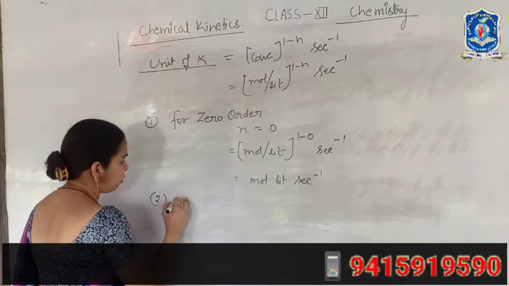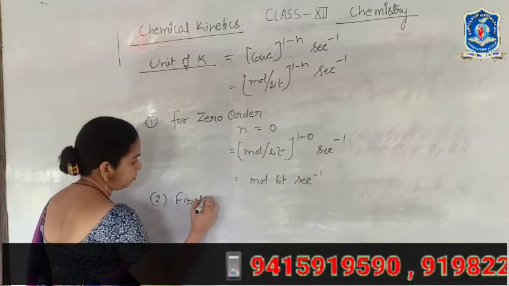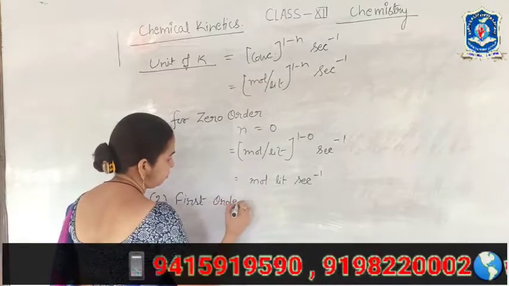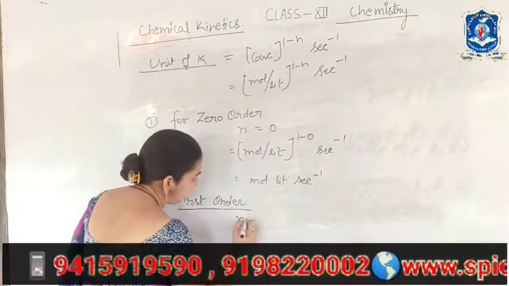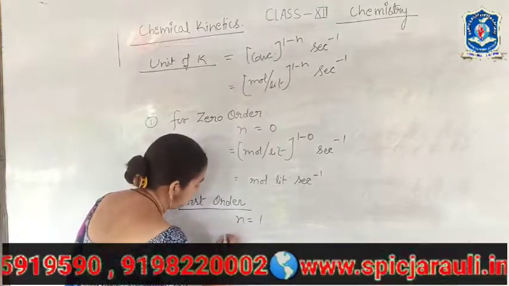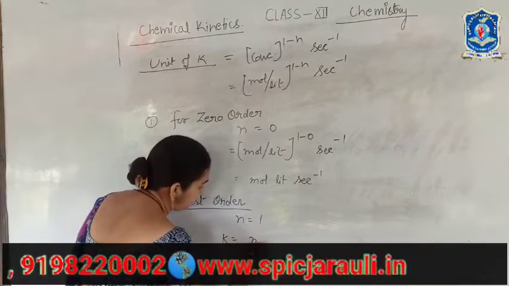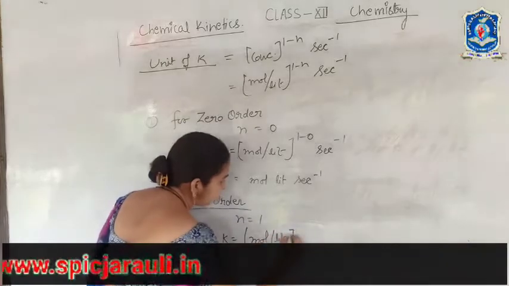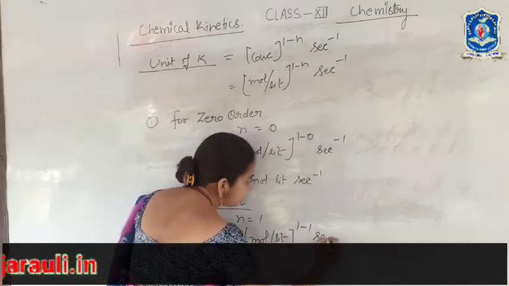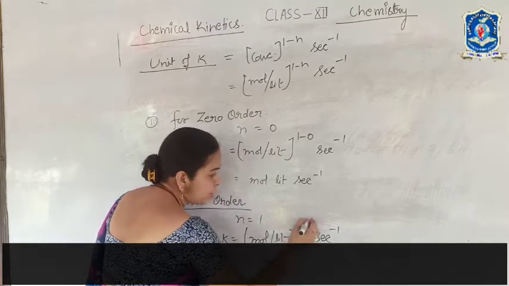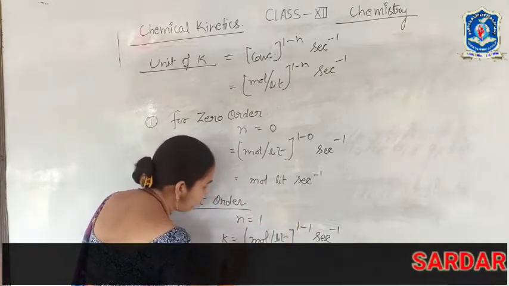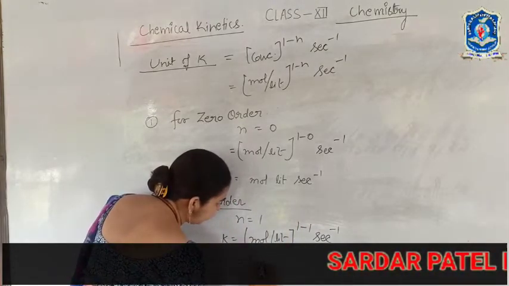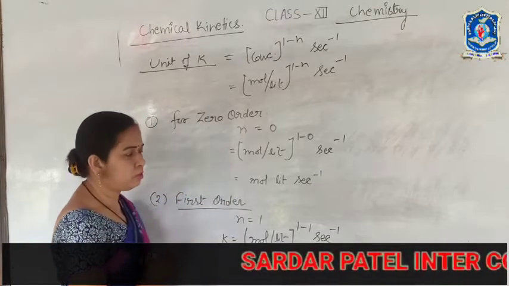For first order, n equal to 1, the unit of k becomes (mole per liter)^(1-1) second inverse. It becomes power 0, the whole becomes 1. Therefore, the unit is second inverse.